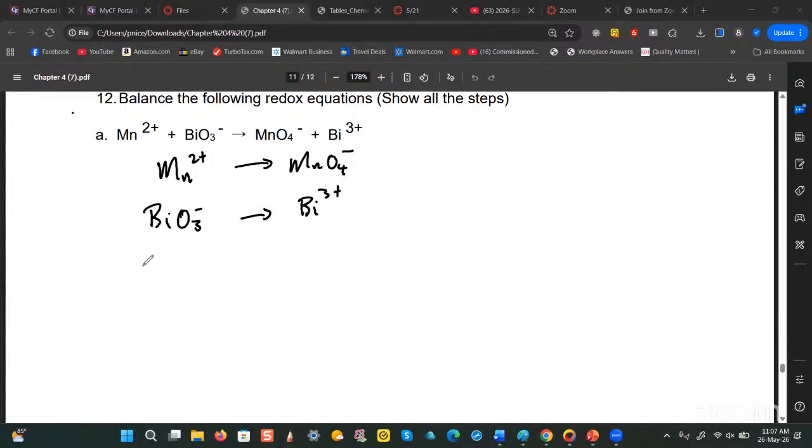Okay, what's the next step? Based on the example we did earlier. Before that. You're going to balance oxygen later, but there's a step before.